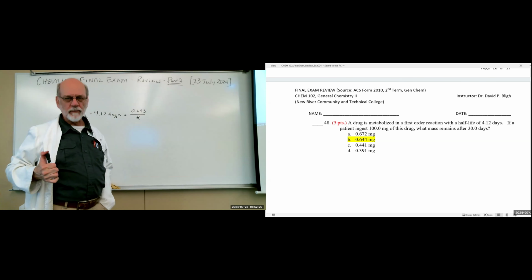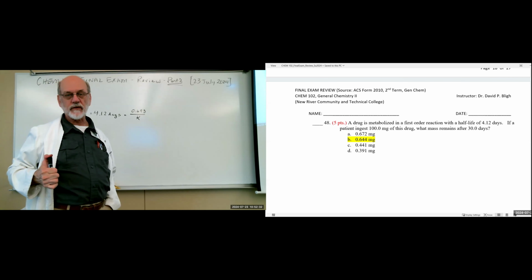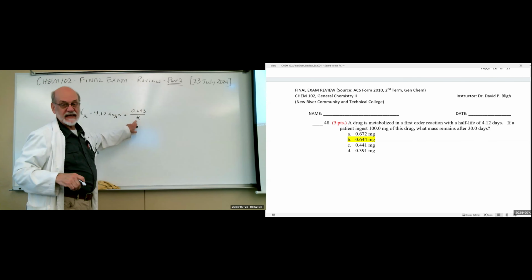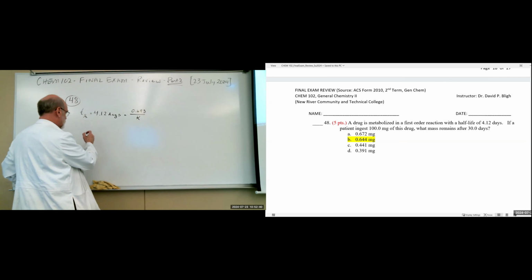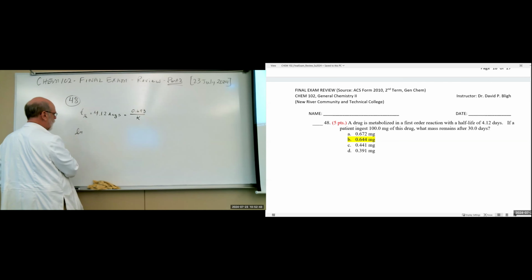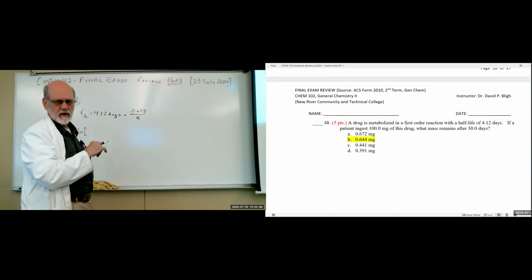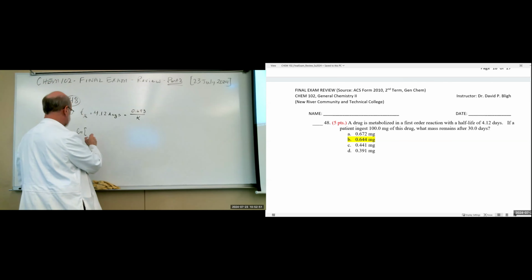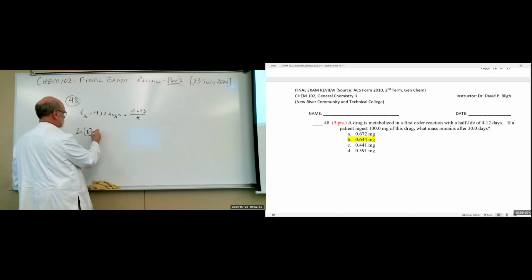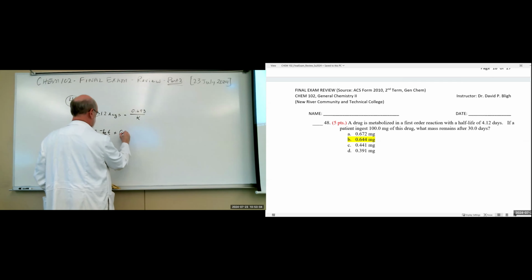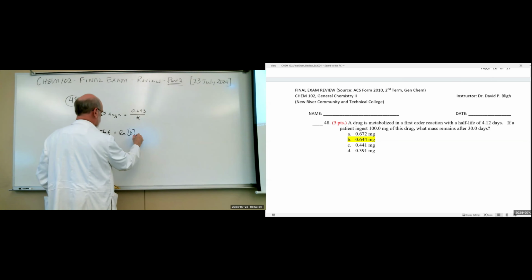If a patient ingests 100 milligrams of this drug, what mass remains after 30 days? We also need, this will tell us what the K is, but first order is: log concentration of the drug equals negative K T plus log beginning concentration of the drug.